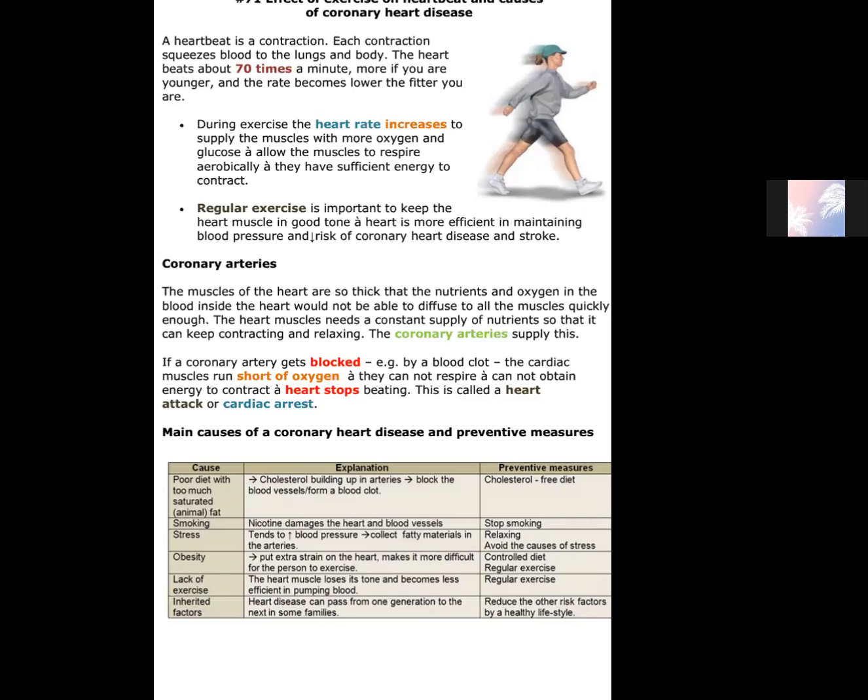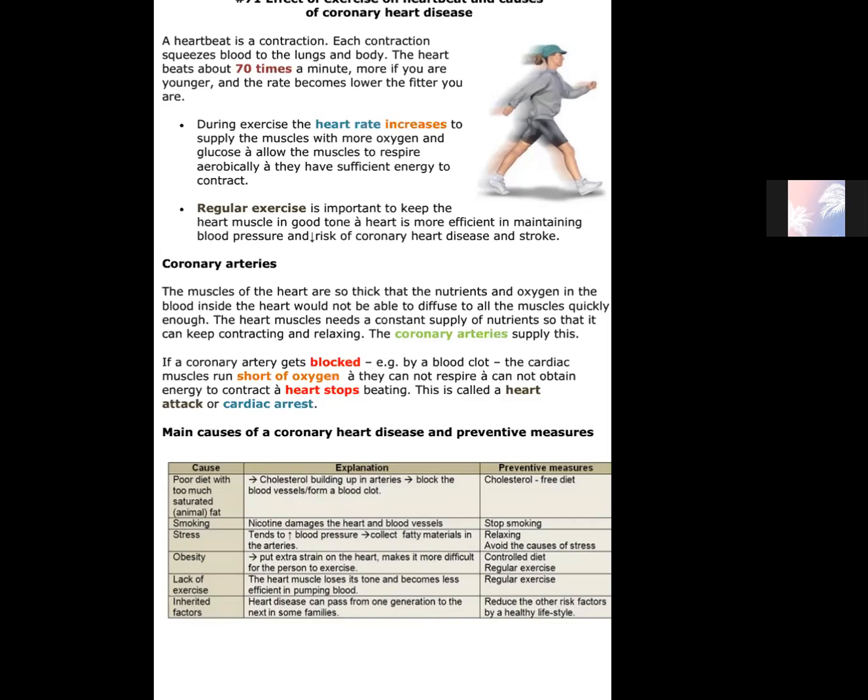Smoking: nicotine-like compounds damage the heart and blood vessels, and can even increase blood pressure. So if you avoid smoking, it's a preventive measure. Then stress: stress increases blood pressure, so it can collect fatty material in arteries. So relaxing or avoiding the causes of stress is a preventive measure.